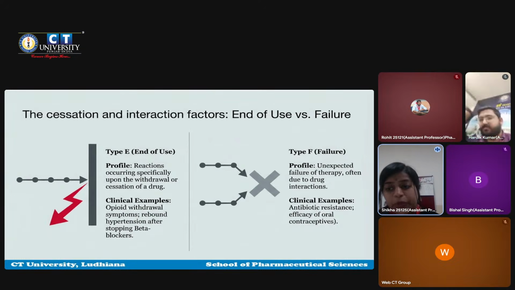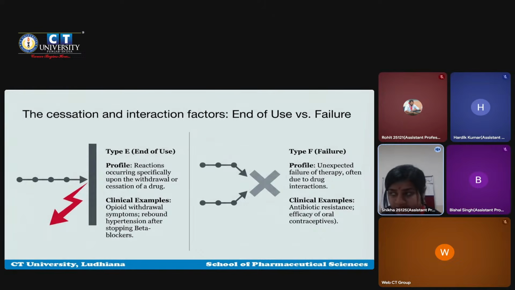As I told you, drug drug interaction could be there when a number of drugs, polytherapy, is used. So drugs can interact with each other, and that can cause the failure of the therapy. Means it can reduce the pharmacological effect of the drug, and the desired therapy could not be achieved. So that is type F, it is failure.